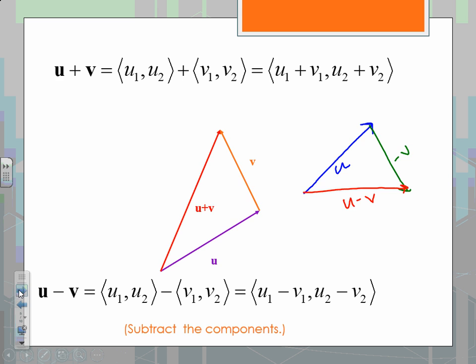All right, we are also allowed to multiply by a scalar. They are matrices.